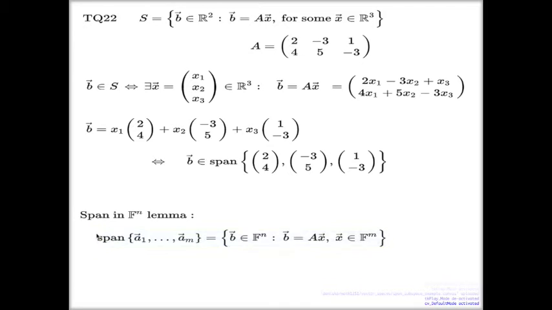I can say that whenever you look at a span of some vectors, in this case m different vectors, you can equally identify the subspace with a subspace which is structured like this. It's all of the b vectors representable as the product Ax, where this A matrix is linked to the little a vectors like this.